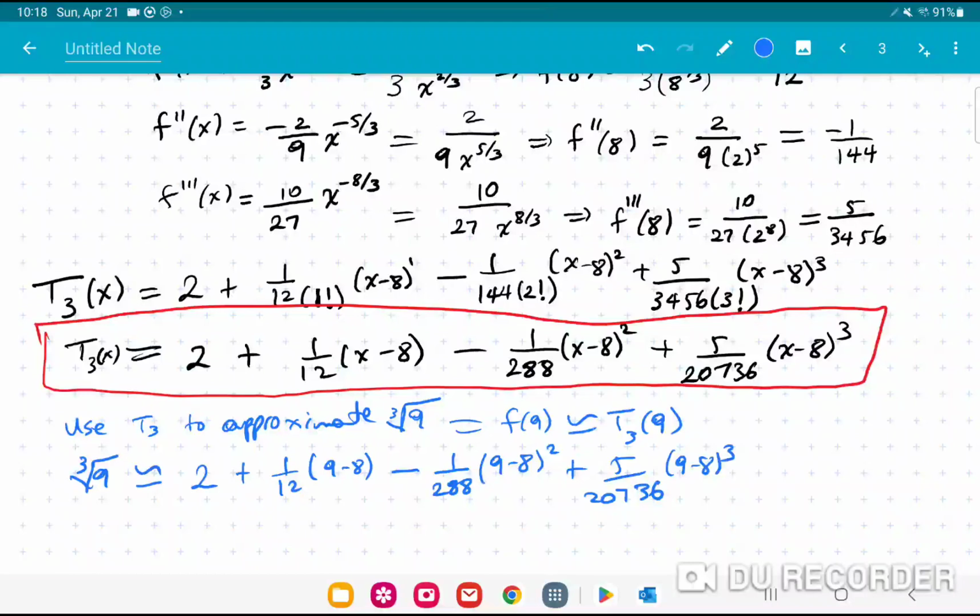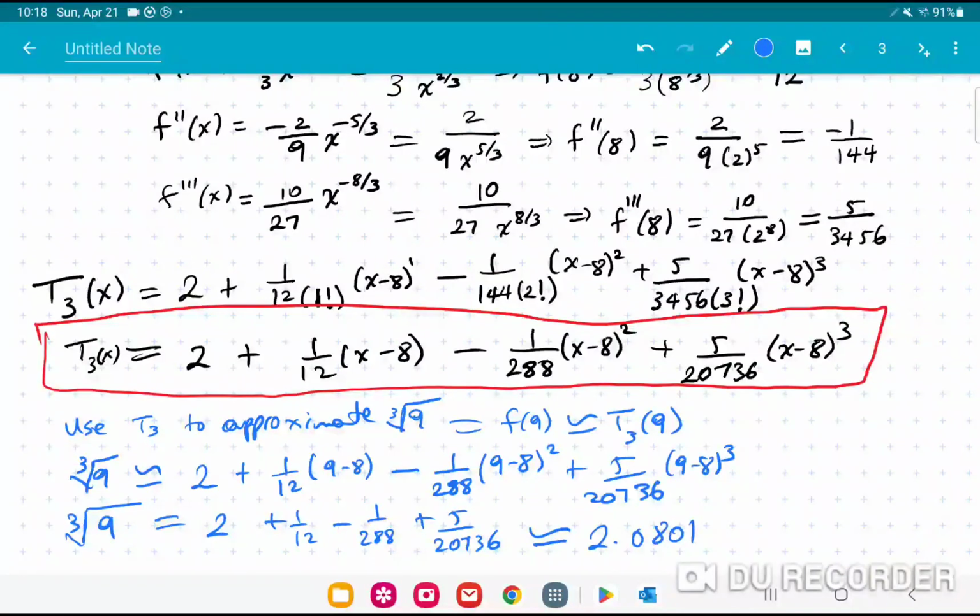This is 1, this is 1, this is 1, so it gives me 2 plus 1 over 12 minus 1 over 288, plus 5 over 20,736. So that's the approximation to this. It comes out close to 2.0801 if you do put it in the calculator. Okay, so that is third degree Taylor polynomial and the use of it.